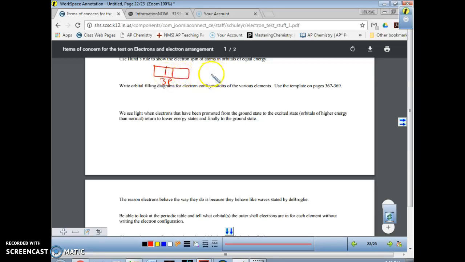There's 3 p orbitals. Let's take an example, sulfur. What's the electron configuration for sulfur, element number 16? 1s2, 2s2, 2p6, 3s2, 3p4.